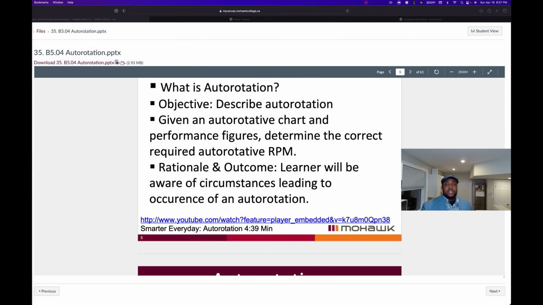What is ground resonance? We're going to talk about what factors contribute to ground resonance, and describe ground resonance and stability with regards to different helicopter types, and let's get started.